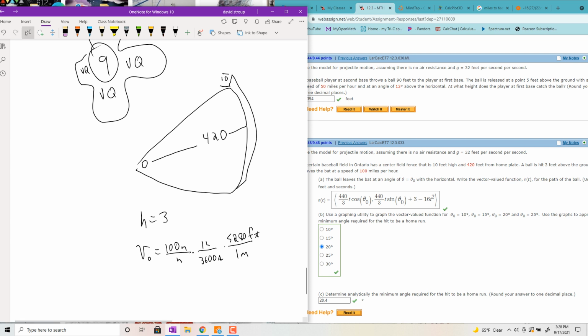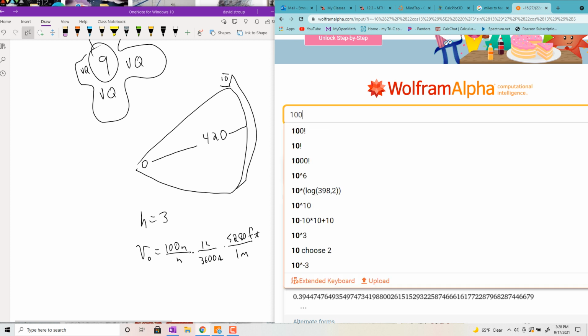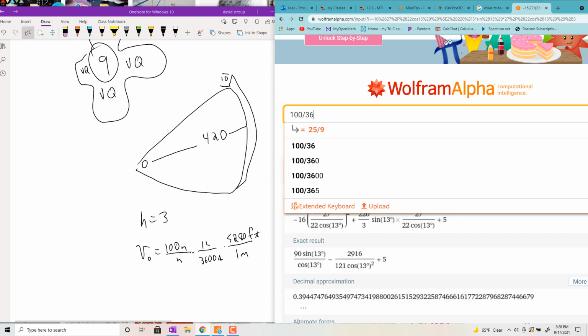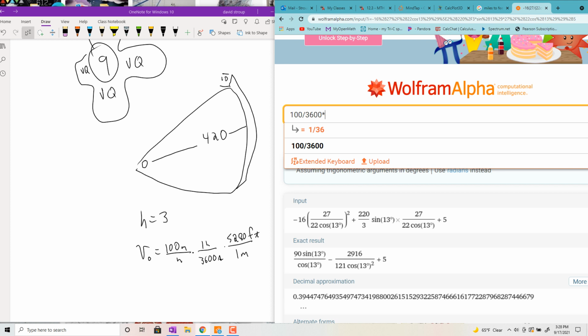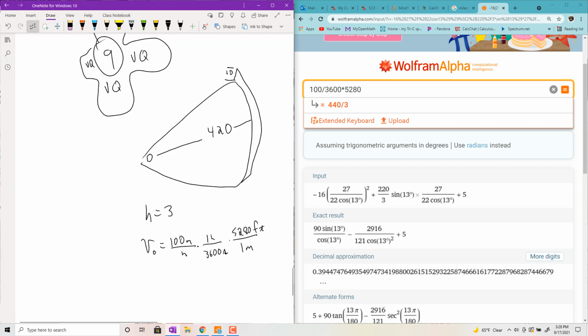Okay, so let's clean that up really quick. So 100 divided by 3,600 times 5280 is 440 all over 3. Okay, so this is 440 all over 3.